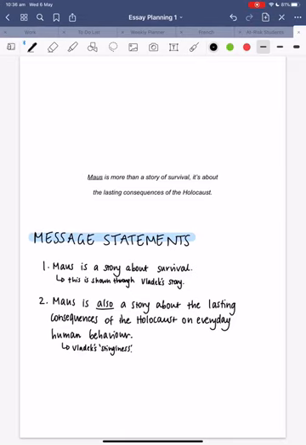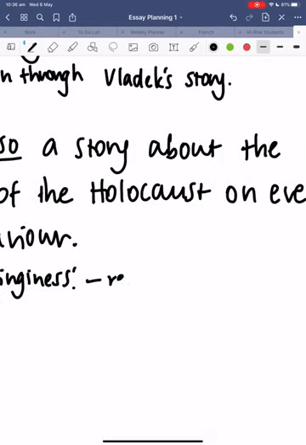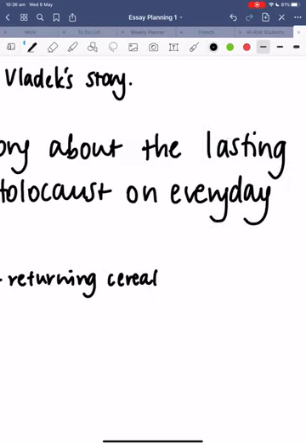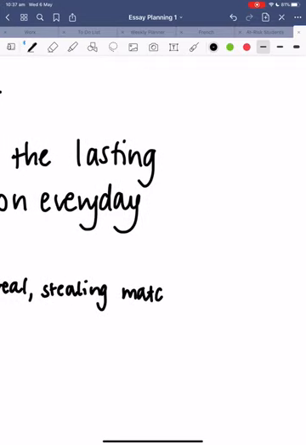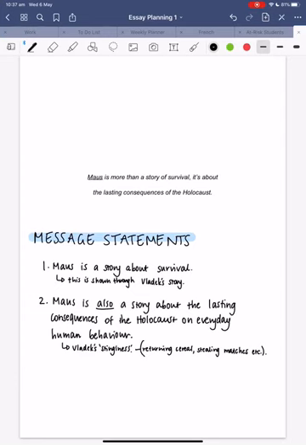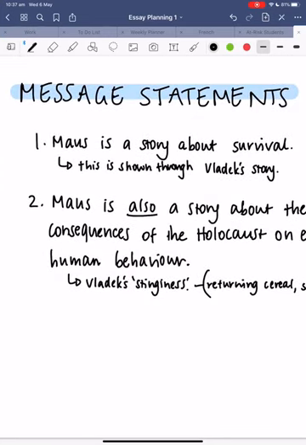We're not going to use that word in the essay itself because it's a little bit too informal, but that gives me a clue that I need to look for examples like returning cereal, stealing the matches from the hotel, picking up the copper wire from the ground, all of those kinds of things. Okay. All right, so I'll come back and find those specific pieces of evidence a little bit later, but this reminds me of what I need to be looking for when I get up to that.